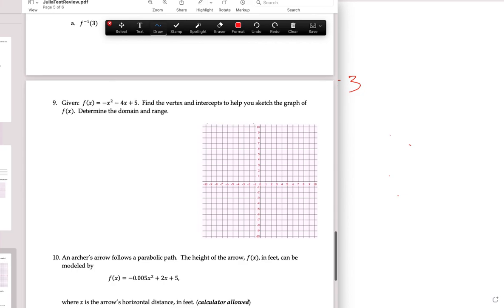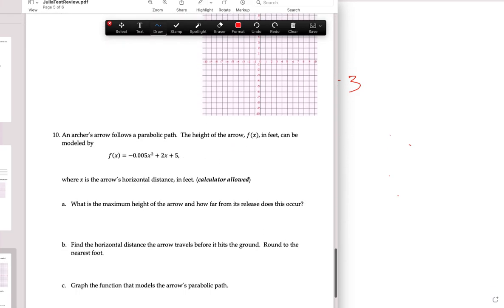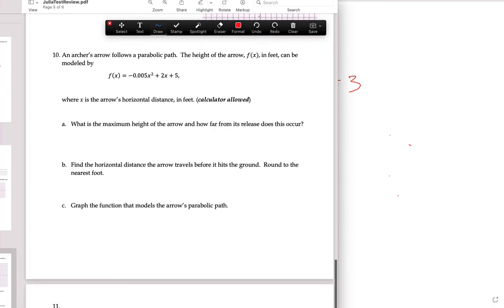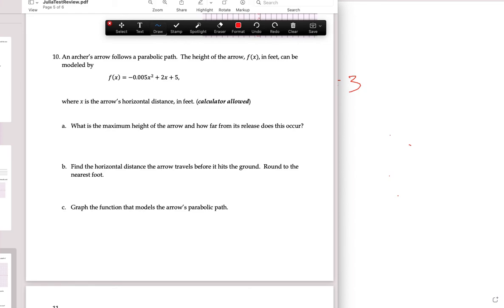Okay. Find the vertex and the intercept. Determine the domain and range. I feel like 9 we've done. 10, the Archer stuff, the word problem. We did it last time.